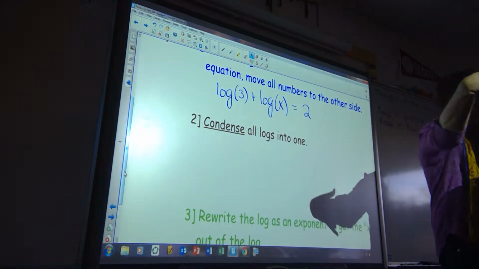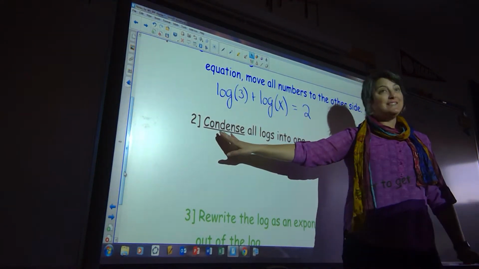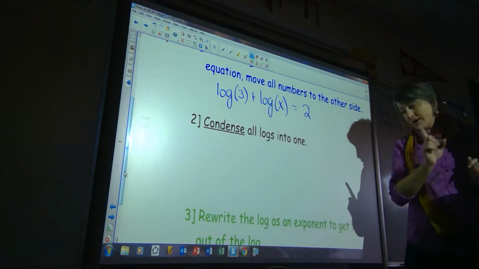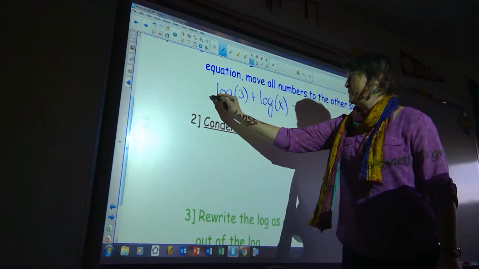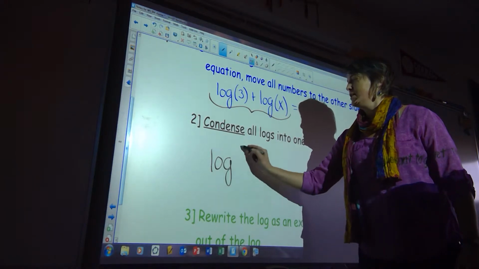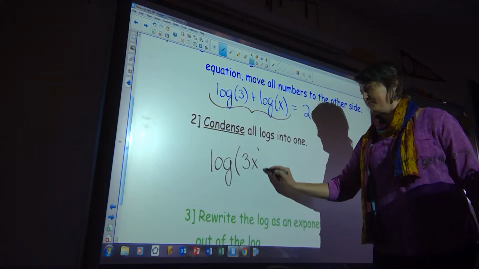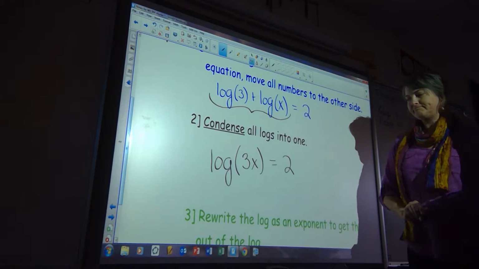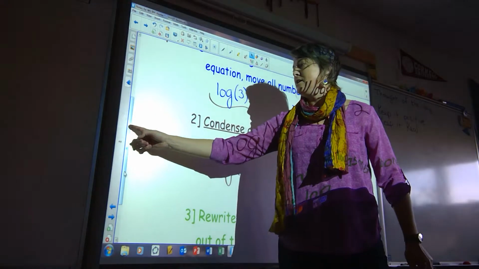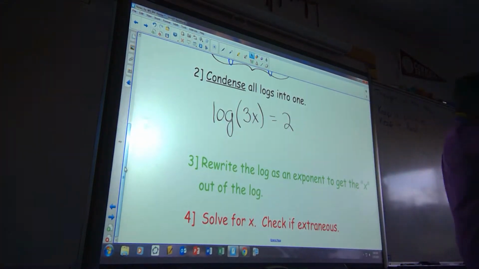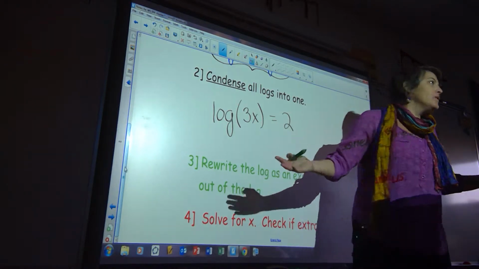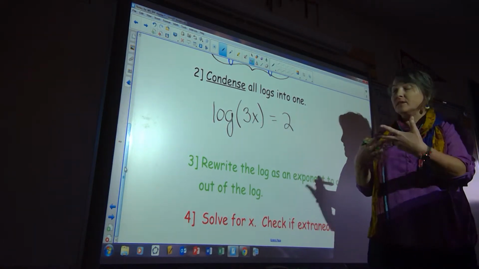Once you get all the logs on the same side, now we're going to use our condensing properties to pull them together into a single log with one argument. So for this particular one, this would turn into log of 3x equals 2. Then, once you have the single log, your variable will be in the log in all these problems.